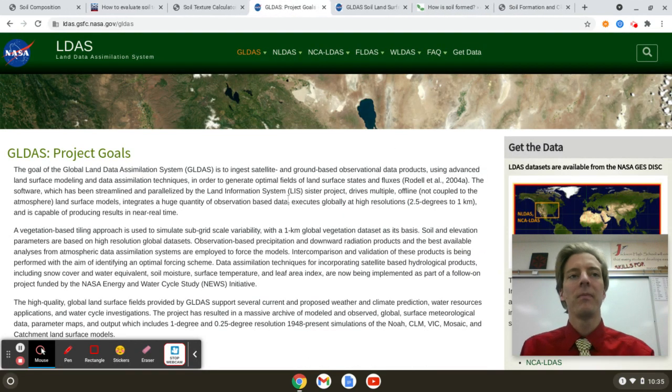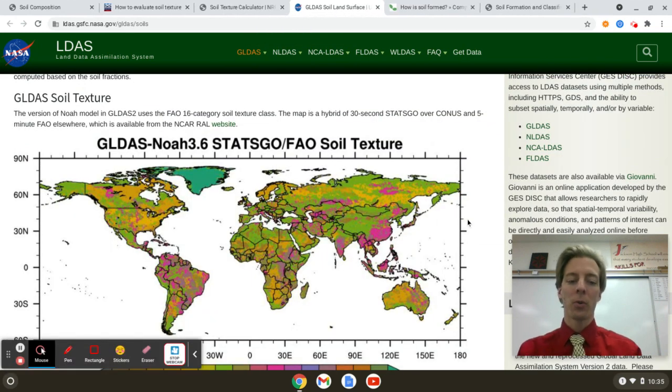Now, soil formation. How do we make soils? Okay, all these things we're about to talk about interact. This is the Global Land Data Assimilation System. It's a satellite. Here's what it does for NASA. Boom. Here are all the soils across all the continents. There's all the major soil types.